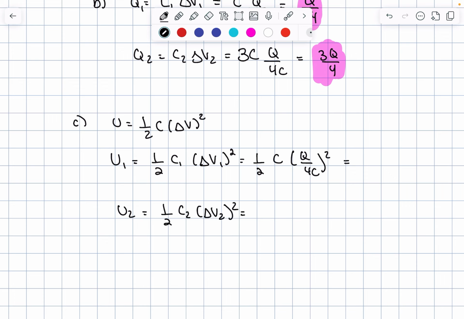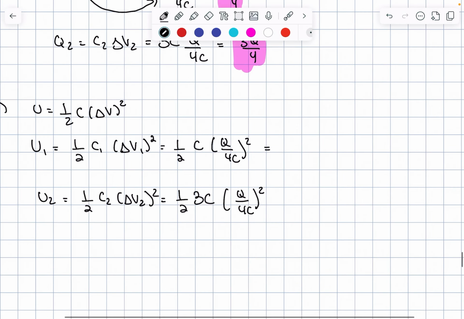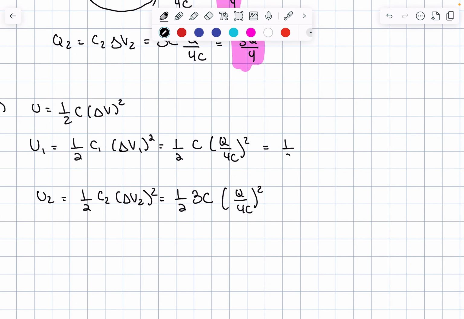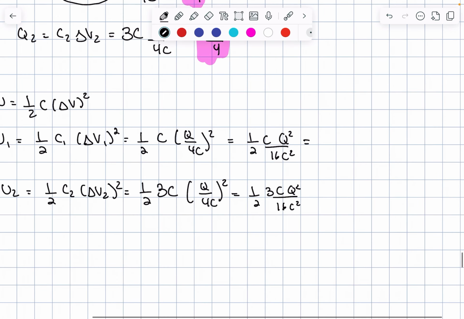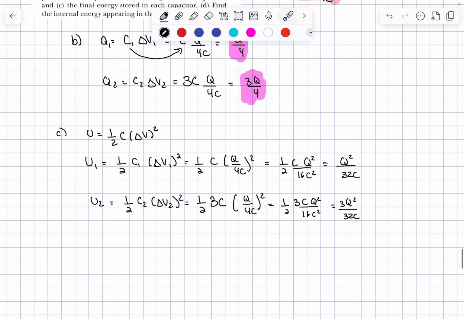And we know what delta V2 is, it's the same, but here we have 3C, Q divided by 4C, squared. Now what we have here is 1/2 C Q squared divided by 16C squared, and then 1/2 3C Q squared divided by 16C squared, and that is going to give us Q squared divided by 32C. And this is Q squared times 3 divided by 32C. So this is the energy stored on capacitor number 1 and on capacitor number 2.